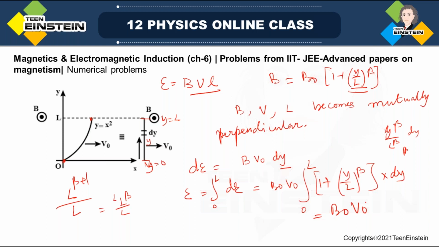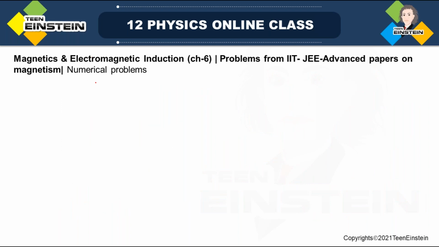B0 V0 L times 1 plus 1 over beta plus 1. Let me do this integration somewhere else.